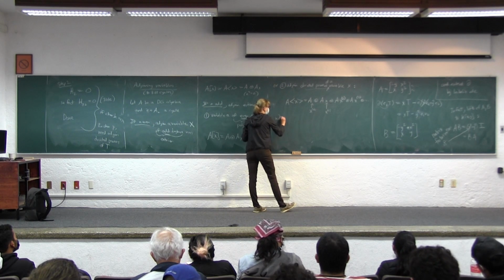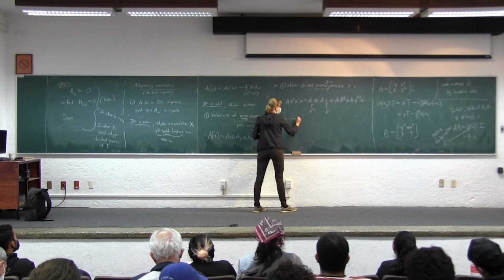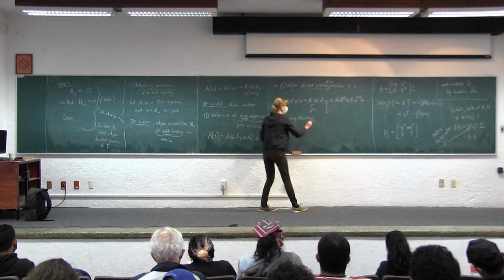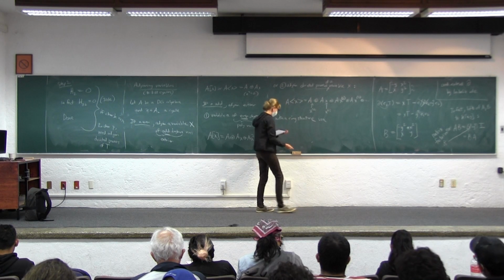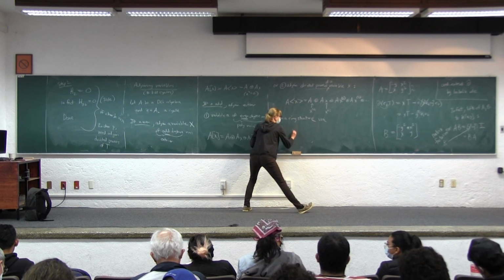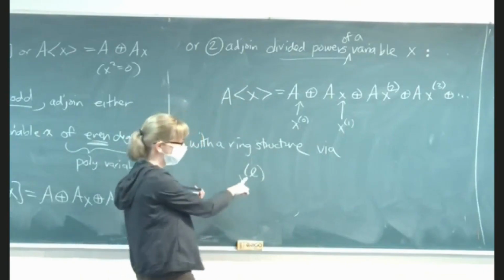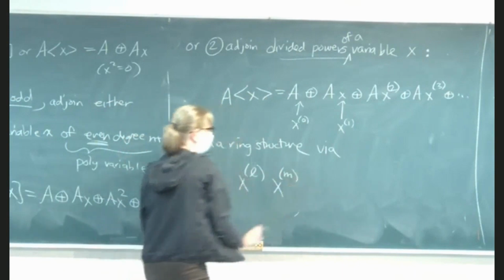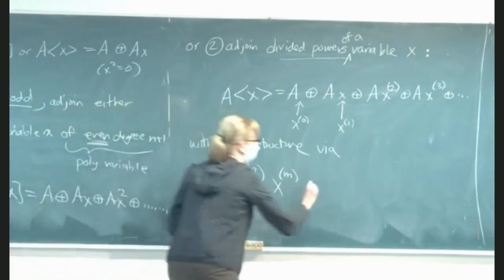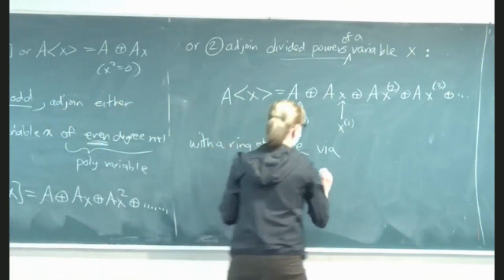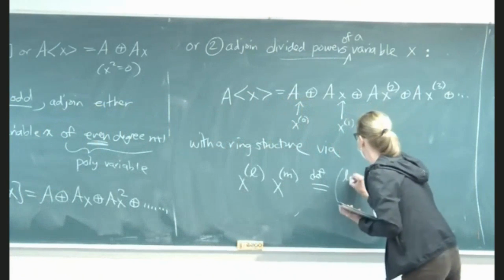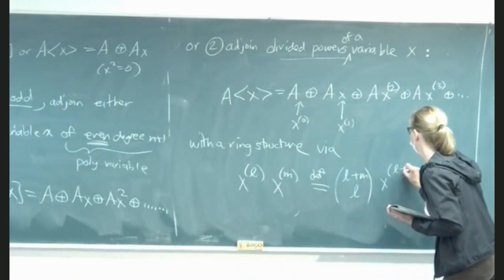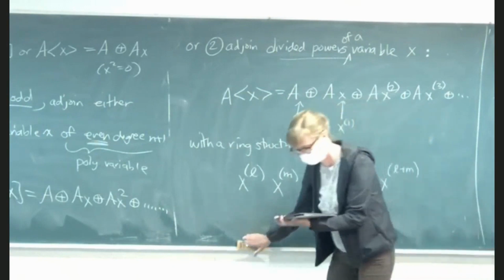So I need to tell you what they mean. How is this an algebra? With the ring structure, I'll just tell you on the basis what it does. If you have x to the L divided power times x to the m divided power, the definition of this is going to look weird at first. It's L plus m choose L, times x to the L plus m divided power. Why is that?